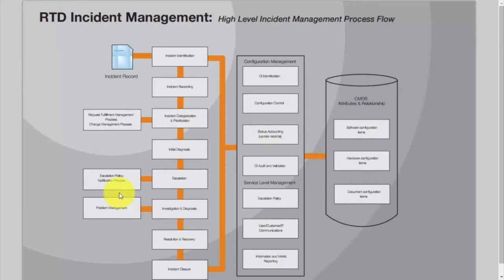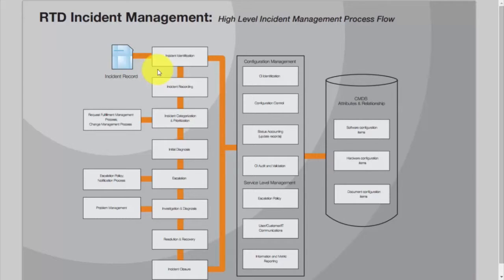But having looked at that, now let's take an overview look at the incident management process flow. The process flow, of course, begins with incident identification. And the identification is performed by the end user or by service personnel that encounter a particular problem.